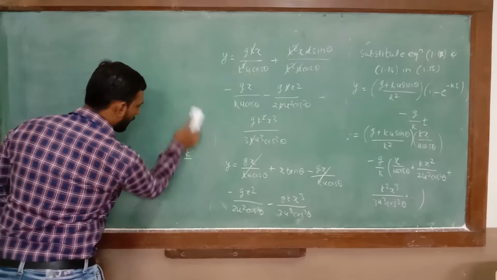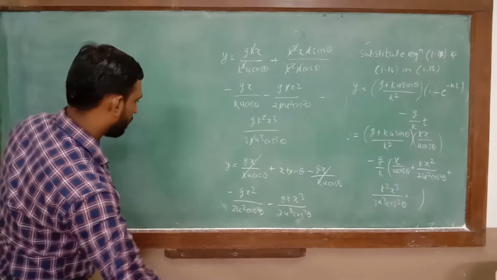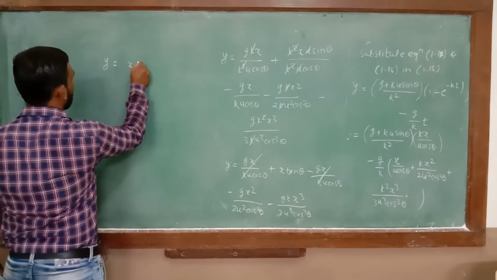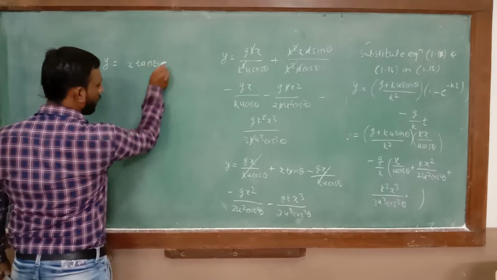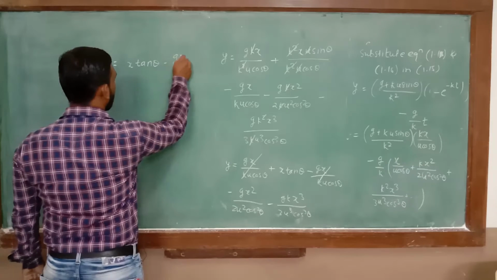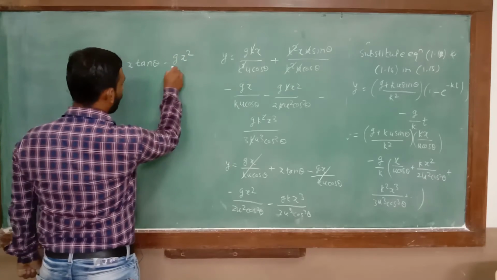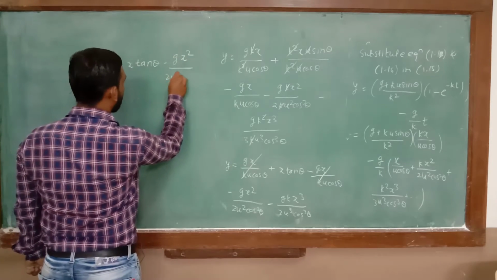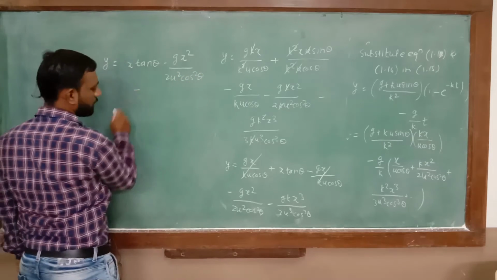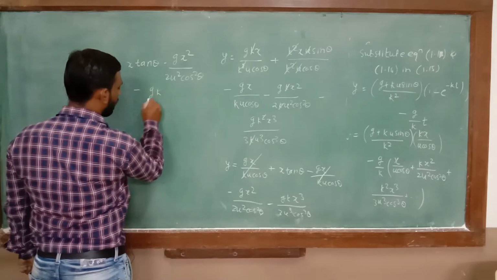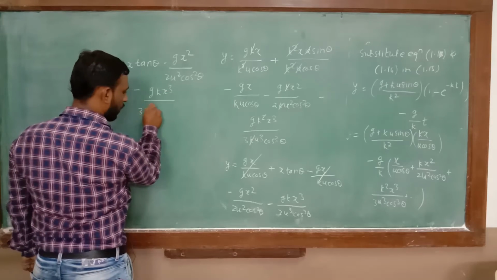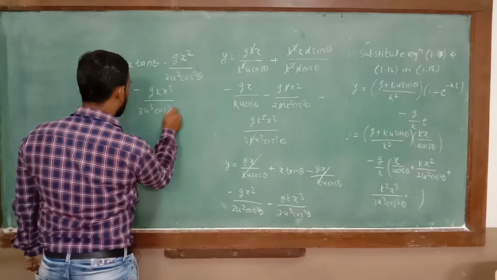So the remaining terms are y is equal to x tan theta minus, this goes away, so gx square upon 2u square cos square theta, minus gkx cube upon 3u cube cos cube theta.